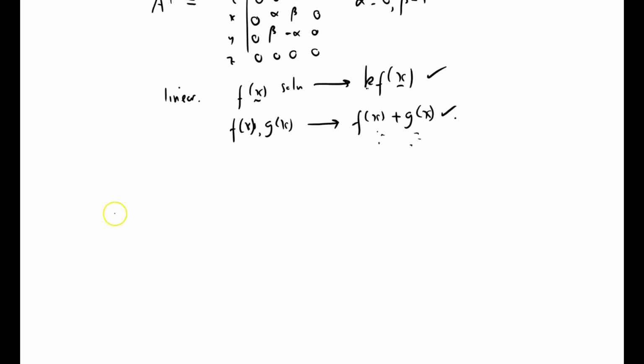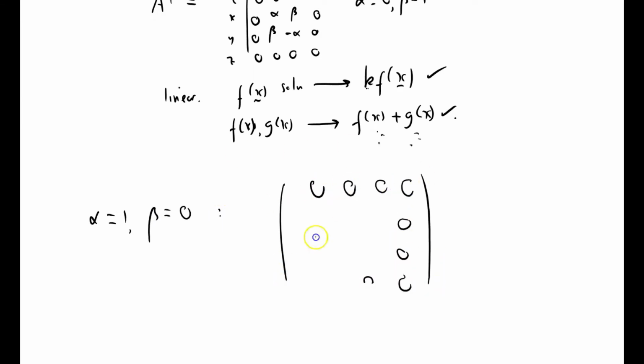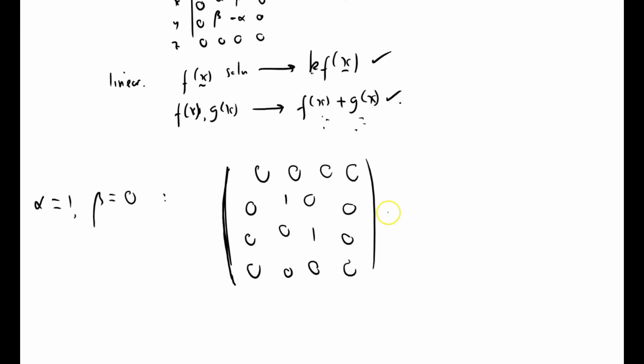Okay, so when alpha equals 1 and beta equals 0, what have we got? We've got a matrix, it's always zeros around here. Alpha equals 1 says we've got 1, 1, 0, 0. And of course I can take any combination of that matrix times e to the i k alpha x alpha, any number.